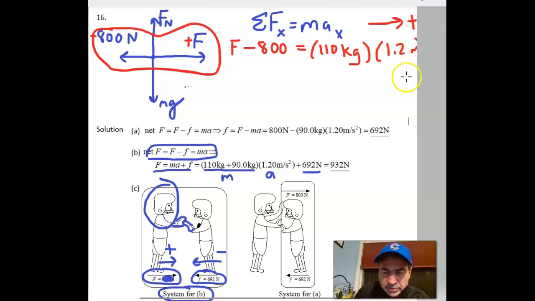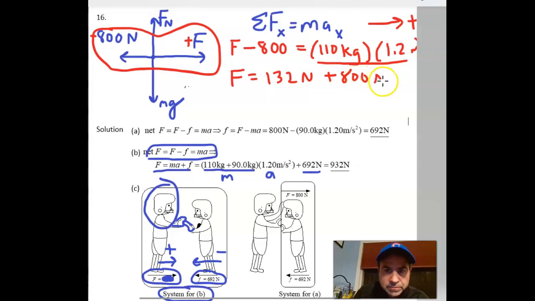I kind of ran out of room there, apologize. So when you add 800 to each side of the equation, you get 132 newtons, from multiplying these two values together, plus 800 newtons, and then you get 932 newtons.